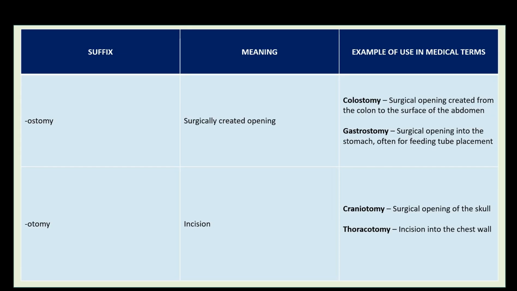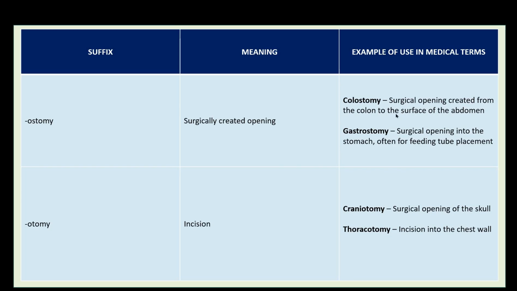The first suffix for the day is ostomy. What is ostomy? Ostomy is a suffix that is used when you want to discuss something related to a surgically created opening. Okay, so that is called ostomy, a surgically created opening. For example, colostomy.